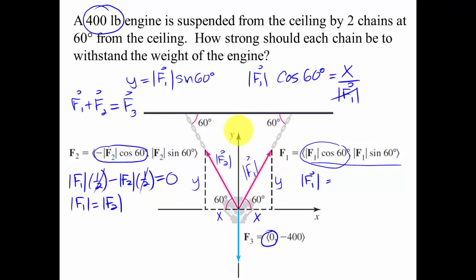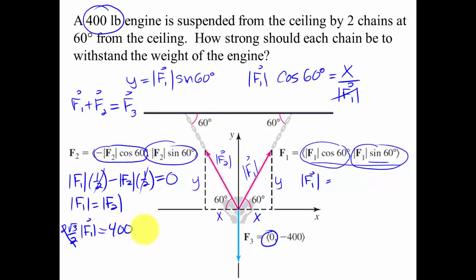So now we're going to equate y components, and so we have, for the y component of this first vector, magnitude of force 1 multiplied by the sine of 60, that's square root 3 over 2, plus same thing here, so we could actually just multiply that by 2, and then we would want that to equal 400.